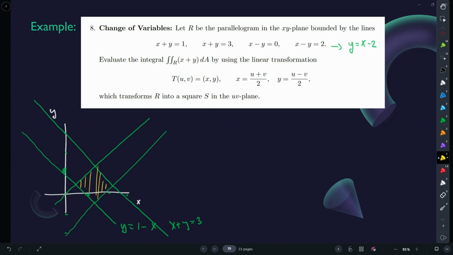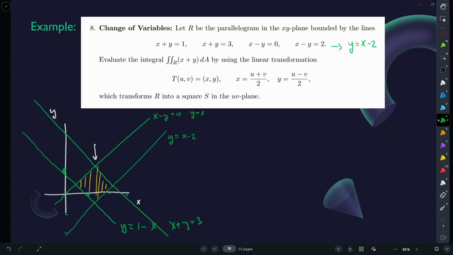Okay, if you find the intersections of the points at the intersection, it's convenient to find what are the points, because those points are going to be sent to the corners of the new region. So it turns out that I computed this line. By the way, this line here was x minus y equals 0, or y equals x, and this one was y equals x minus 2.